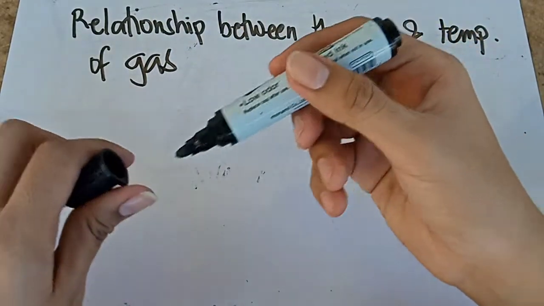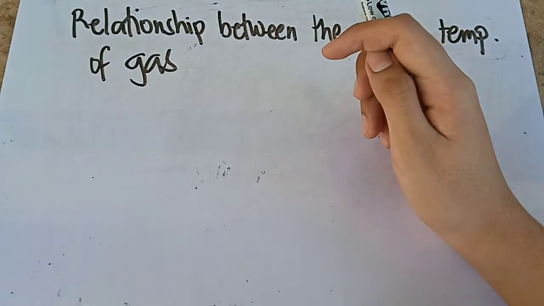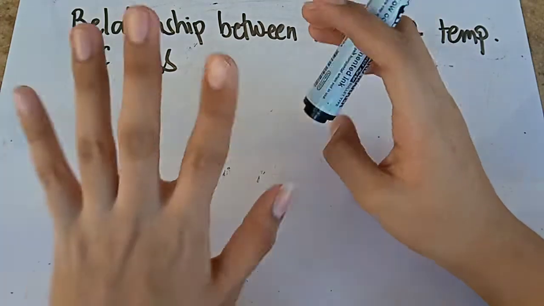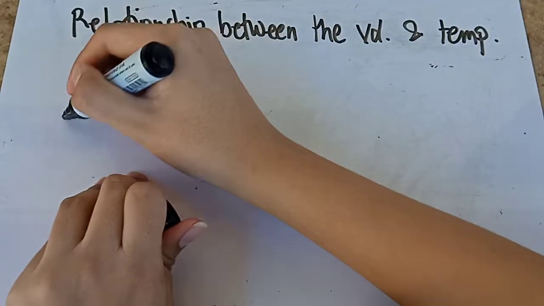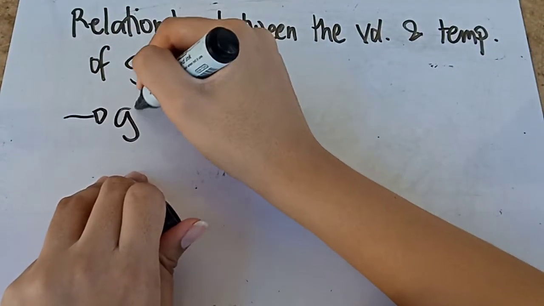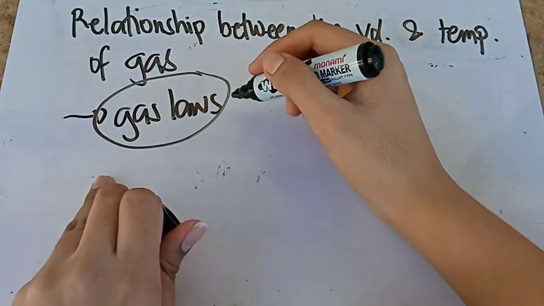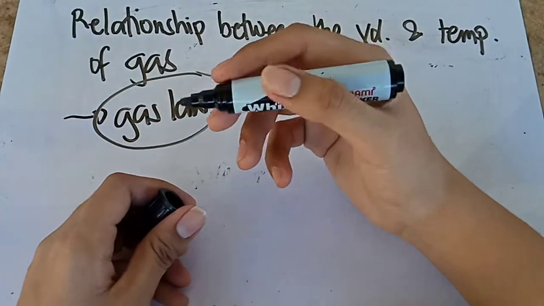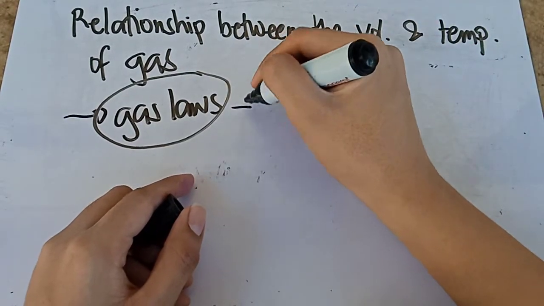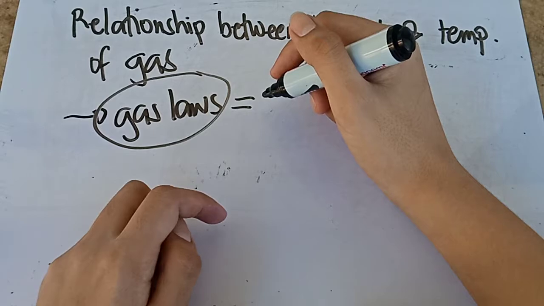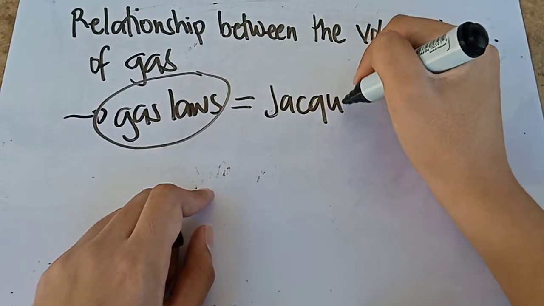This concept falls under basic research. This concept actually refers to the so-called gas laws, which will be discussed in your grade 10 science. One example of a gas law is the gas law formulated by Jacques Charles.